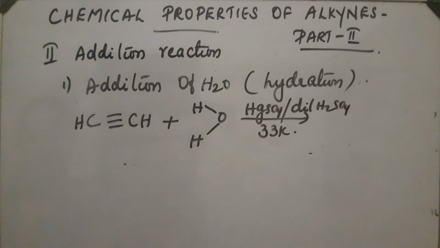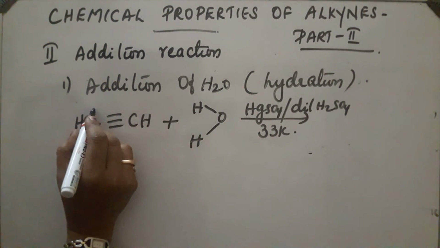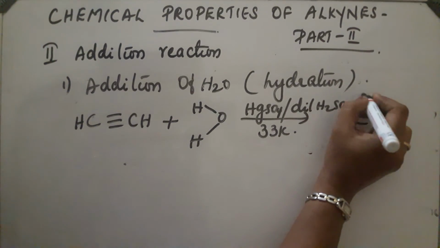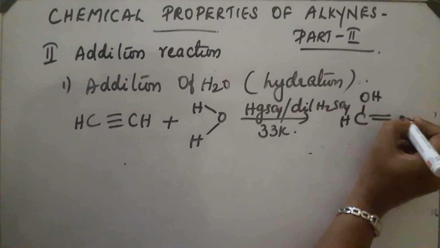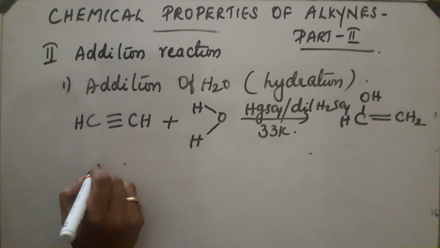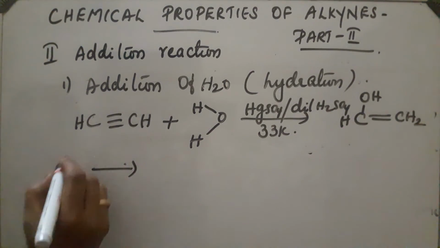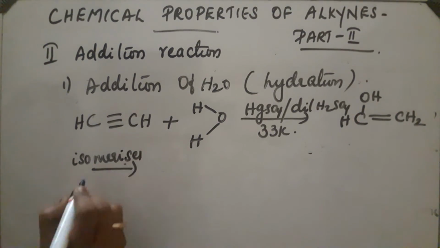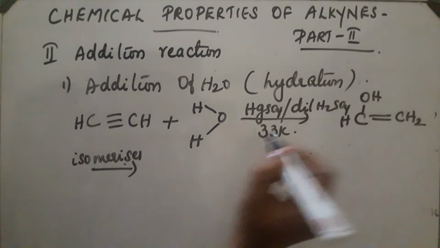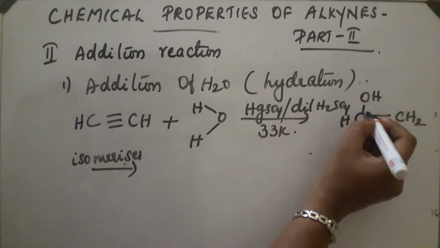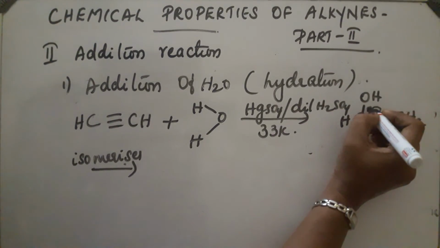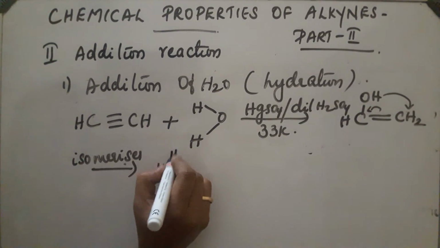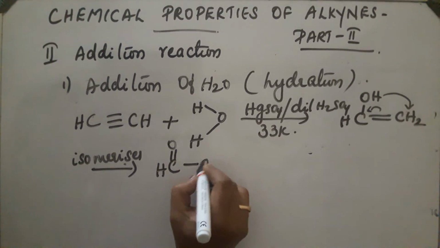So what will happen? This OH will attach to one carbon atom and H will be attached to the other carbon atom. So the compound will be CH-OH, okay, double bond CH2. Okay, now what will happen? This isomerizes and forms, what will happen? H will move here and the double bond will shift, and so the product will be CH3-CHO.